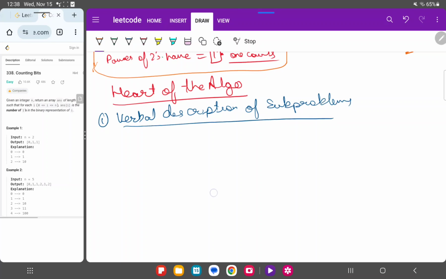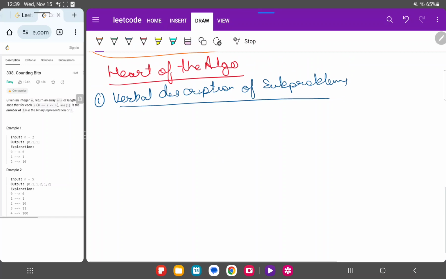In this case, S of k, where S is our dynamic programming array, equals the number of ones in the binary representation of k.